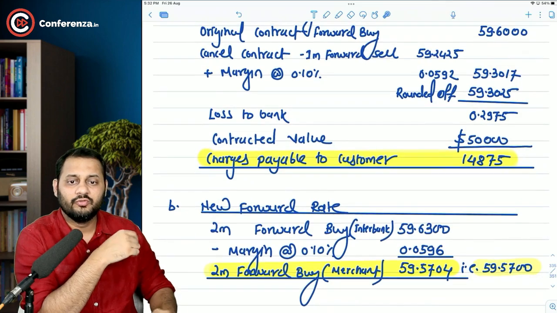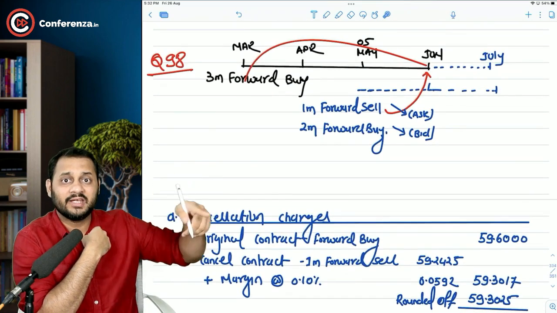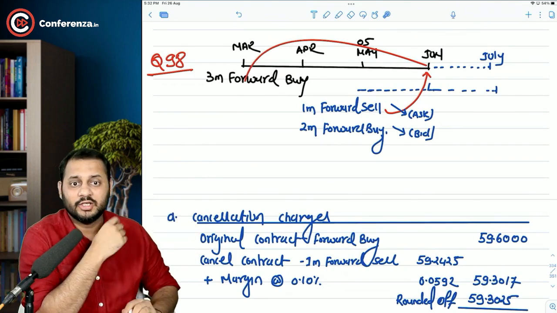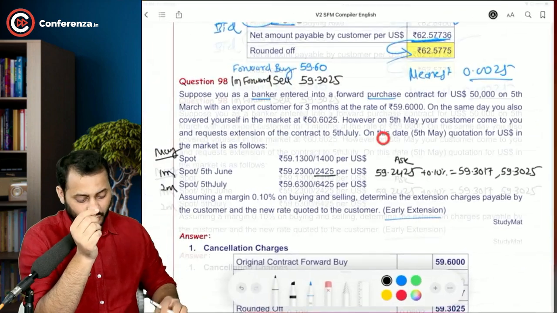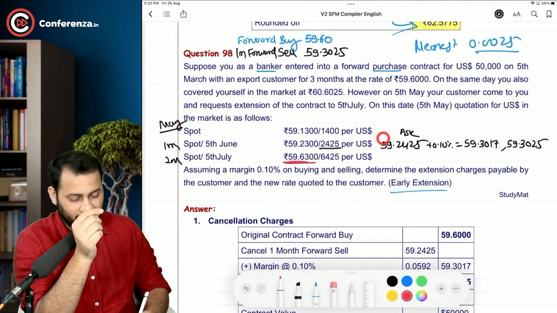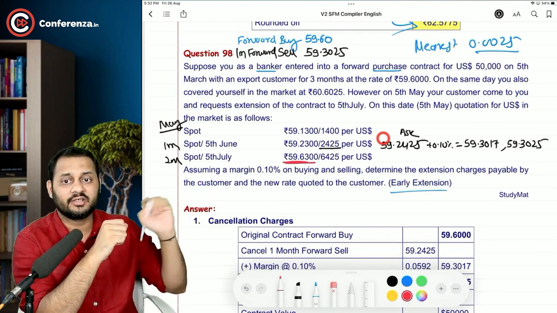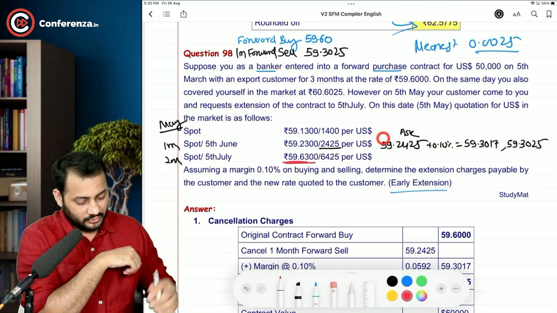Now, new forward rate. From this point, you will take 2 months forward buy. Bank will enter into a 2 months forward buy. So bank's bid rate, 2 months. This is the bank's bid rate, 59.63, but it is a bid rate. We are going to deduct the margin from that. Okay, sir.